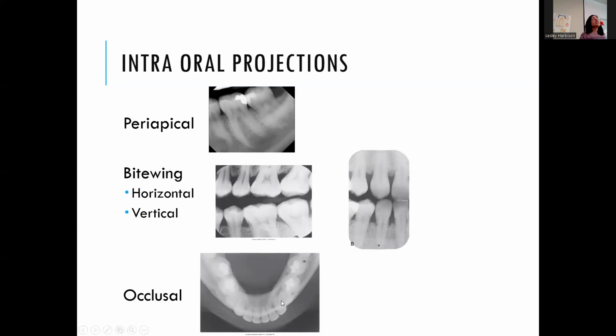Occlusal films, a lot of times we take occlusal films to just get a different perspective of the jaw and the teeth placement. You can see if there's a supernumerary tooth or if there's something impacted, like an impacted canine. You can also see if there are salivary gland stones in the glands, because this is the mandible here, and all of this soft tissue is where you have your different salivary glands.